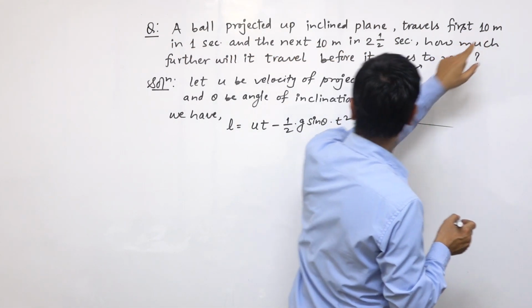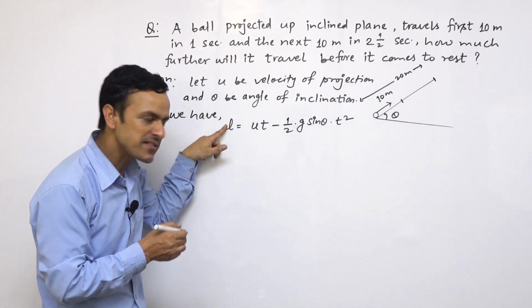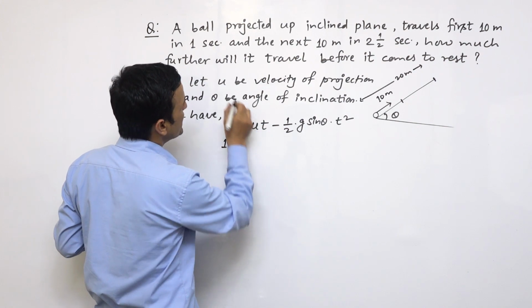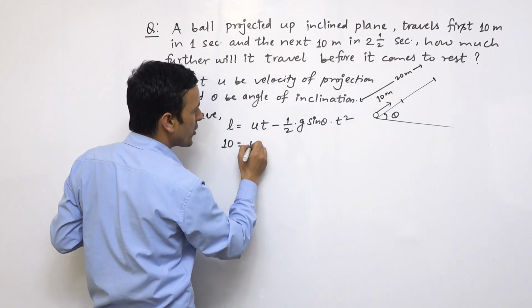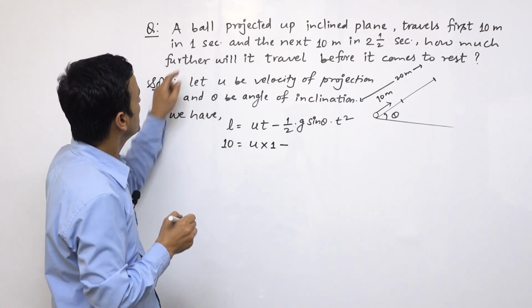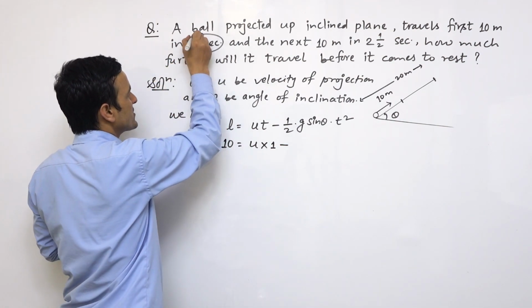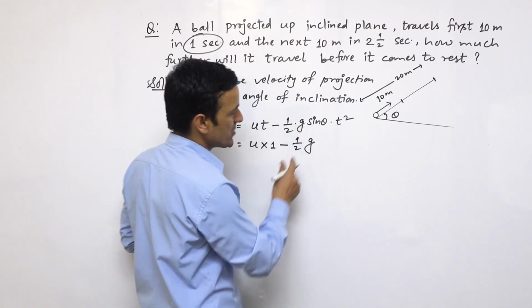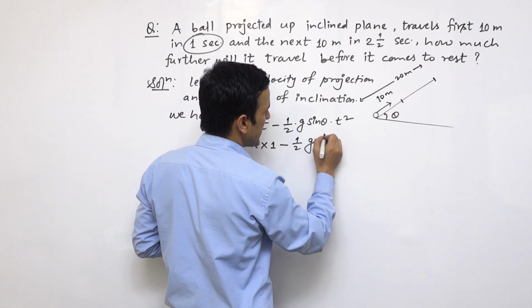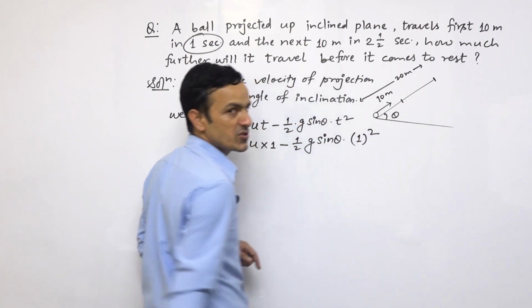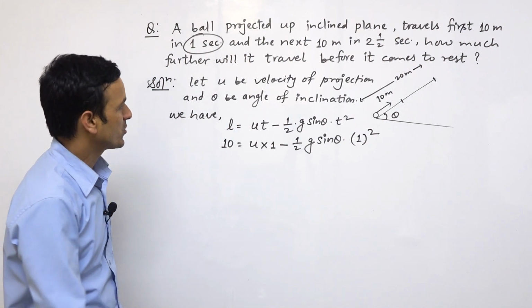The distance is 10 meter. So write down this is the distance. So L को ठाउँमा 10 meter राखौं, and u is the projection velocity or initial velocity. Time is 1 second. So write down 1 second time. And this is half g. We don't know the value of g, and sin theta is the same, and t square means 1 square according to the question.